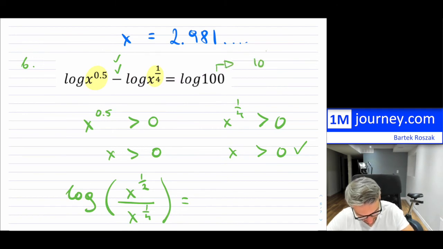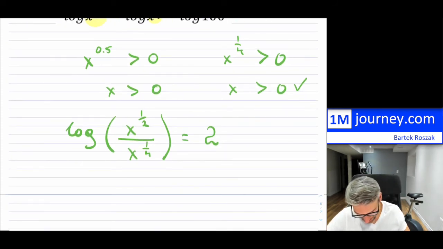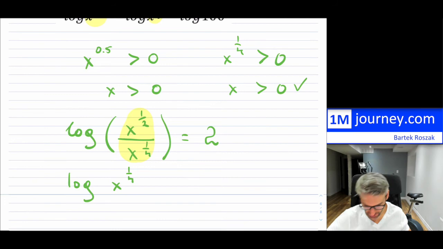Because this is 10 to the 2. So this is just equal to 2. And now we can group this together. That's going to be log of x to the quarter, because it's 1/2 minus 1/4, equals 2.